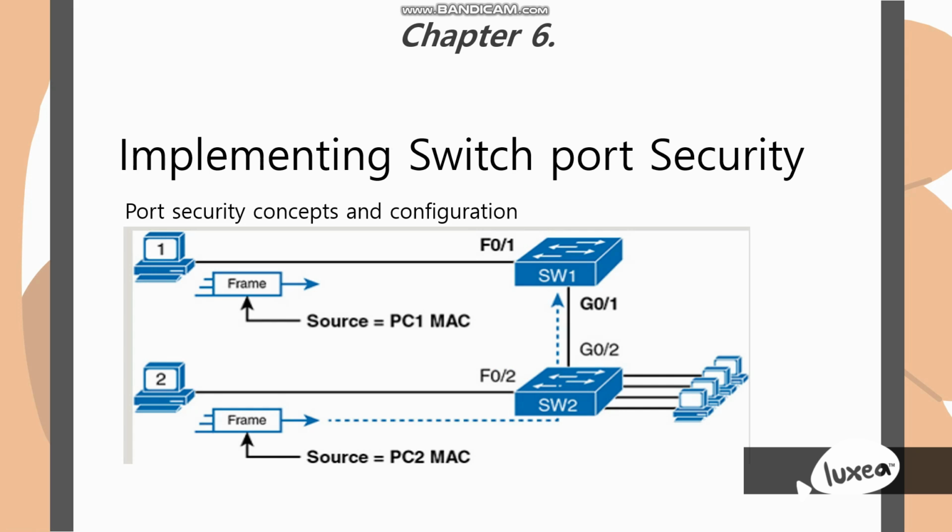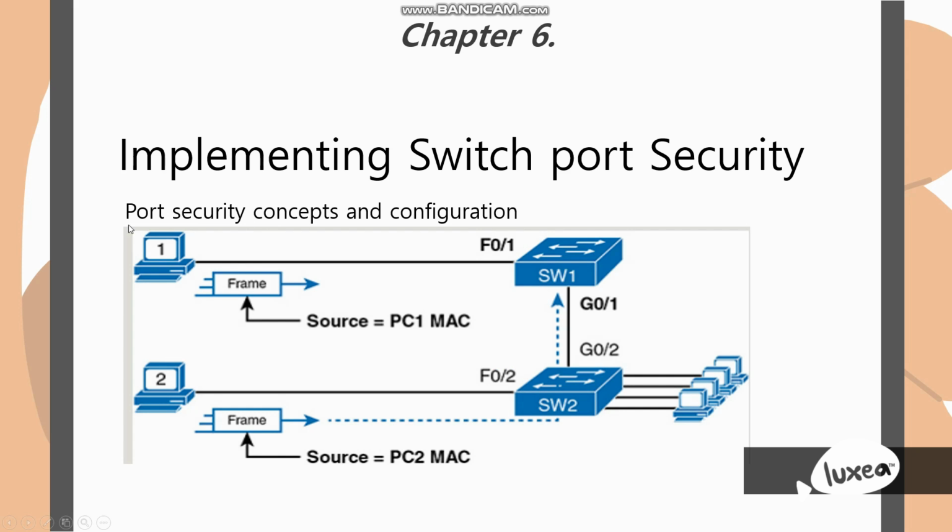Okay, so next, implementing switch port security. Now we see that every device requires security for sure. Let's start with the port security concept and configuration. Why is port security important? Because we know that every device is connected with ports. It is based on the source MAC address of the Ethernet frames that the device sends.